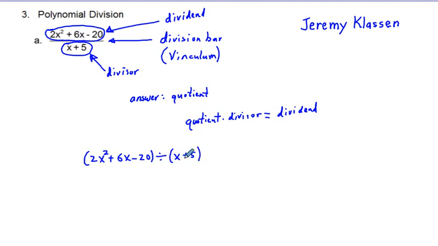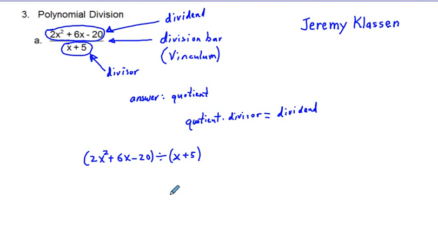Now, why did we not need parentheses in our original format here with the division bar? Because the division bar presumes that the numerator and denominator separately contain parentheses.